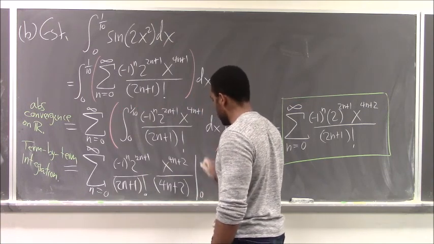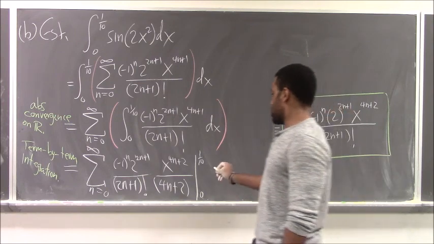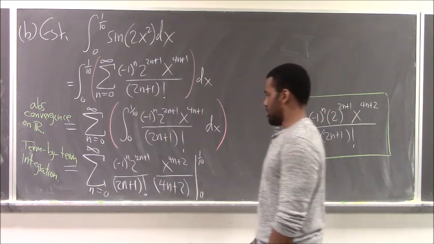Then you're going to plug in 1 over 10 into that, and you're going to plug in 0 into that.